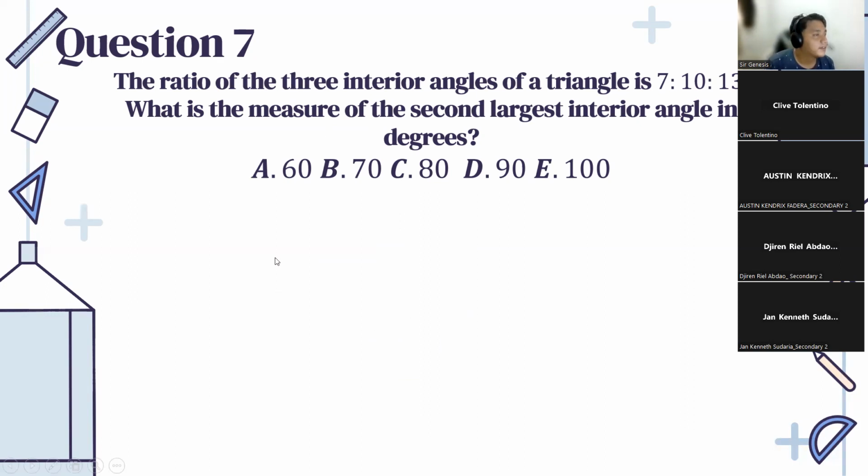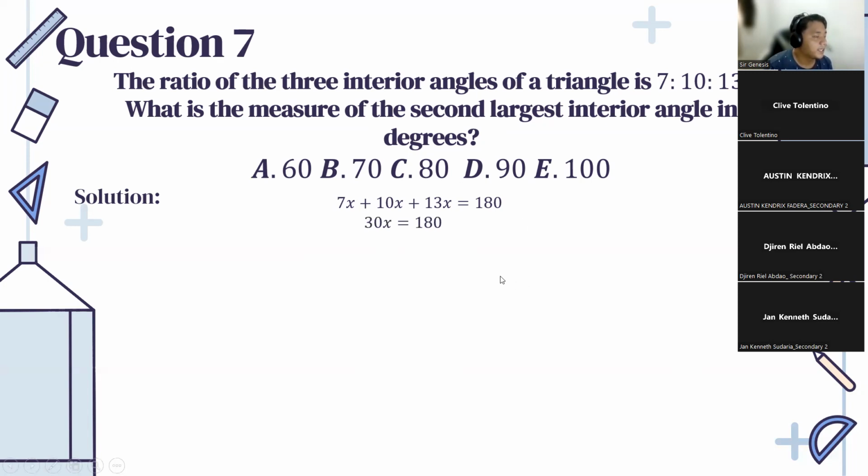Okay. So what we know here is that we can express the sum of interior angles as 7x plus 10x plus 13x, knowing that the sum of the interior angles of a triangle is equal to 180. Okay, we then have to solve for x.